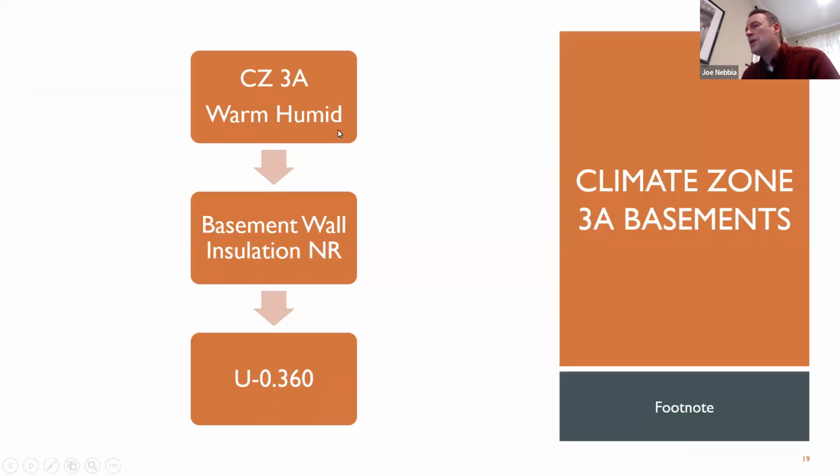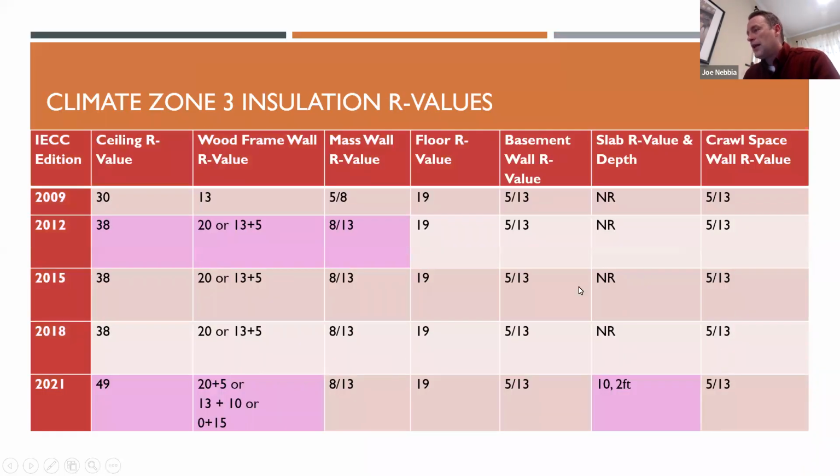For climate zone 3A, so just the humid climate zone, there is no basement wall insulation R-value and a 0.360 U-factor. So again, we see 5/13 here for basement walls, but that's only in the dry and in the marine climates.